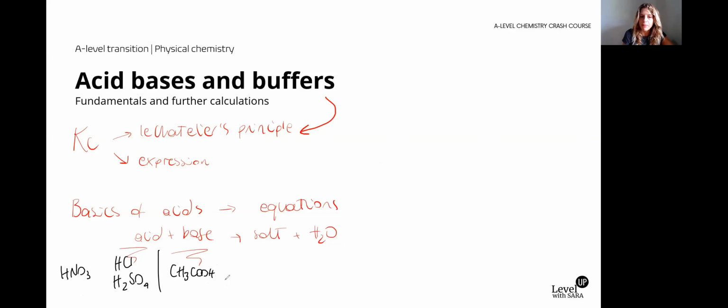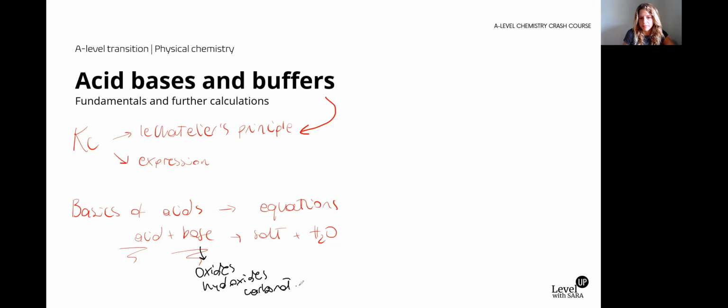For bases, common ones are all the oxides, hydroxides, carbonates. Okay, so a nice practice for you would be to write some equations of common acids and common bases and the ionic ones.